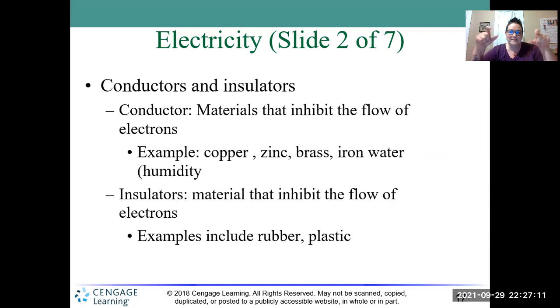But some examples of things that will interfere with that are copper, zinc, brass, iron, and water. So looking at humidity. Things that insulate. Hold on just a minute. Let me stop this share because this is incorrect. Let me jump over to your book because I'm like, that's not correct.